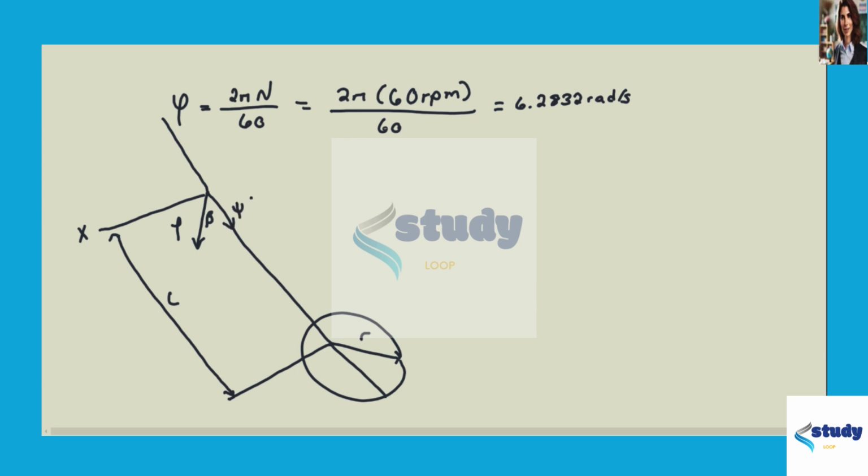Okay? And so to find this particular phi here, we're just going to do phi sine beta i minus phi cosine beta k, and the rate of spin in the z-axis.